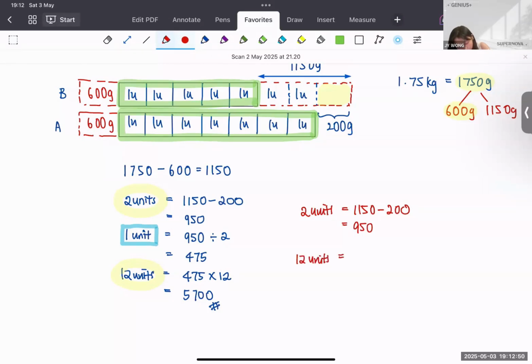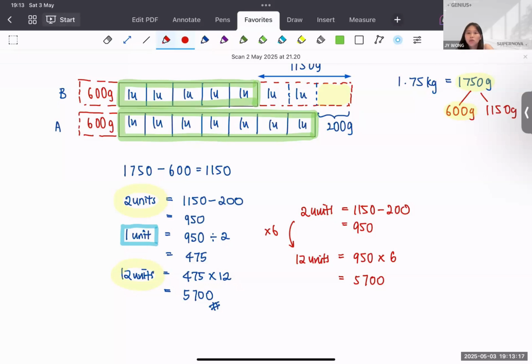If you did this straight away, please put a thumbs up or raise your hand so that I can see how many of you did it this way. 950 times 6 will give you 5700. Who actually skipped the step to find 1 unit? Anyone? Not me. Okay, I don't see that a lot. Most of you went to find 1 unit.